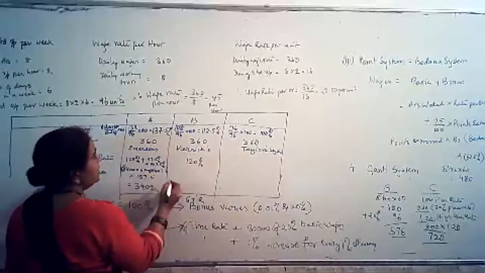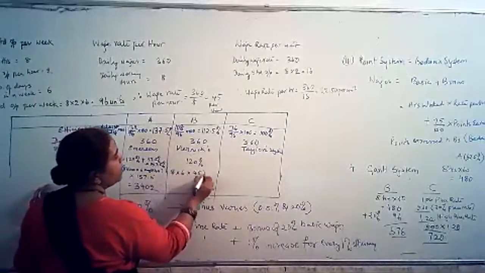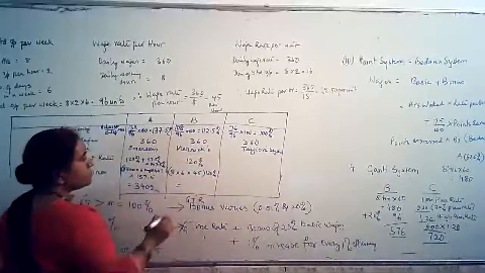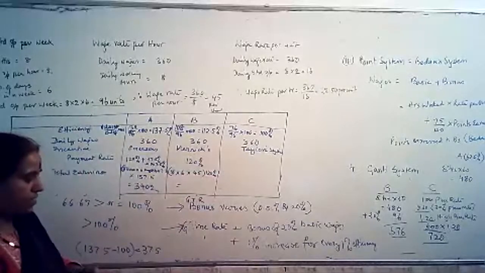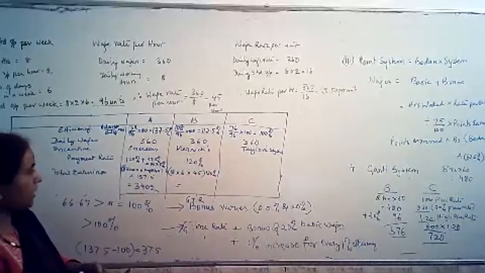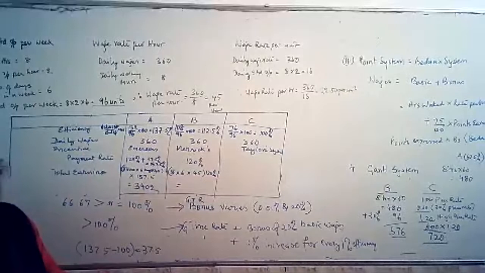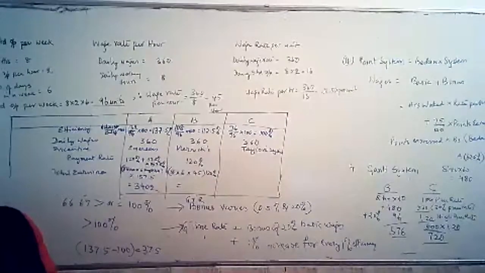In this case, 8 hours multiplied by 6 days into 45 multiplied by 120%. That comes to... it is piece rate we need to calculate, right?